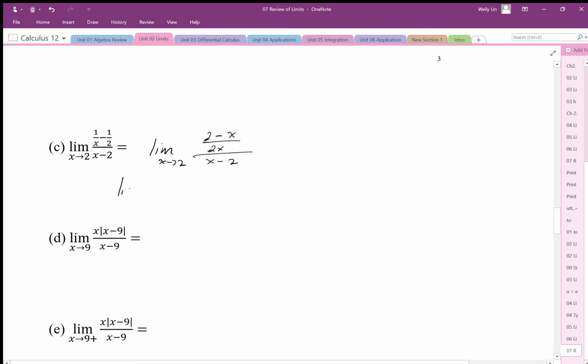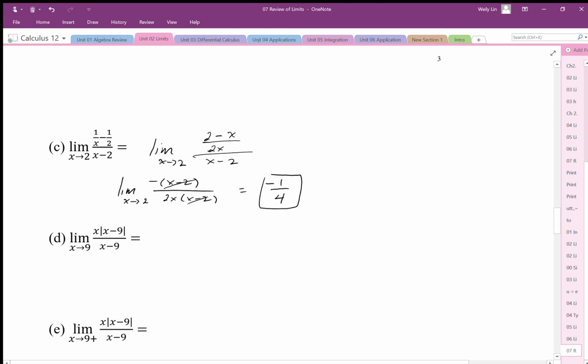The limit as x approaches 2, I'm going to have negative x minus 2 in the numerator, and in the denominator, 2x times x minus 2. Those cancel out. I can now plug into my limit. I get -1 over 2 times 2, so -1 over 4 works out to be my limit.